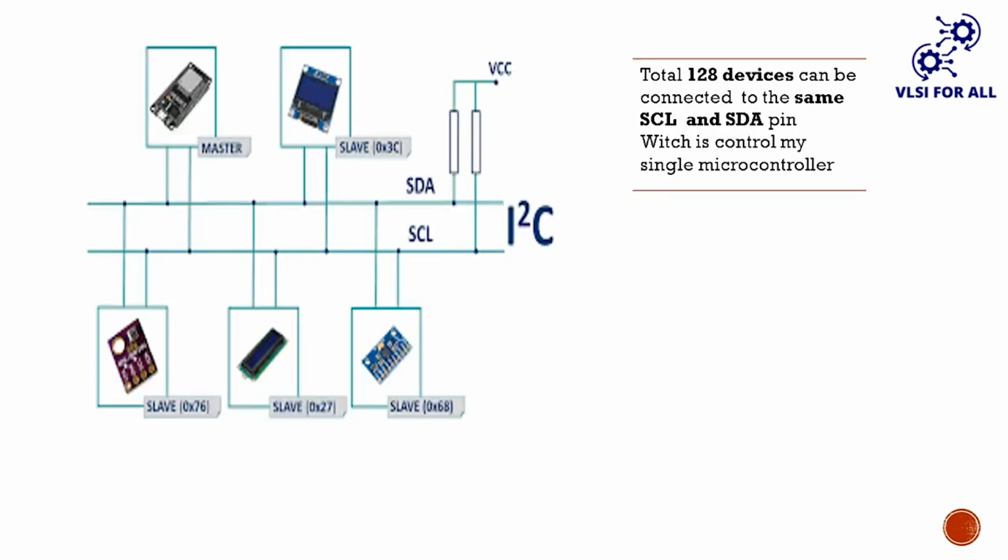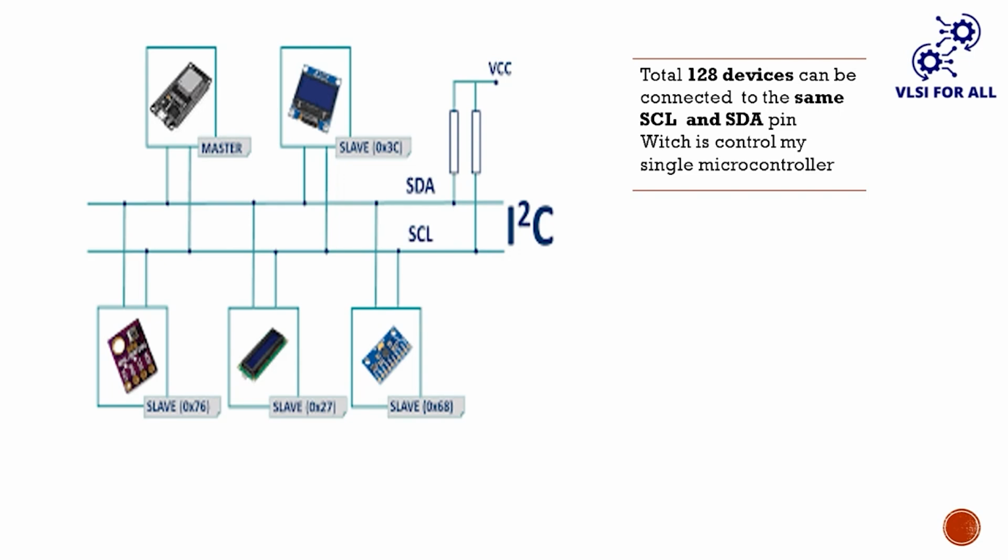Over here, the microcontroller is called the master, and the device to which we transfer the data, to read, write or send data, is called the slave. In order to communicate, we require only 2 pins, SDA and SCL. The SCL pin is pulled up by the voltage source through resistors.